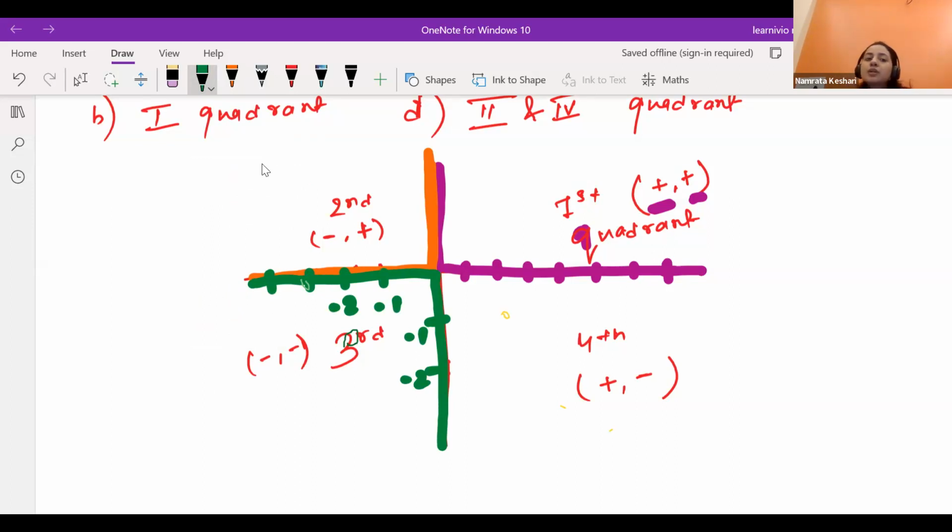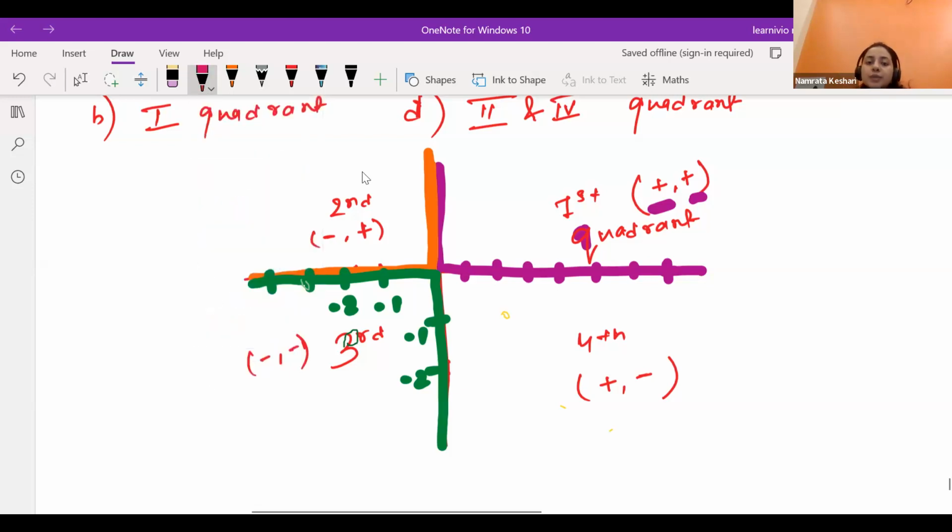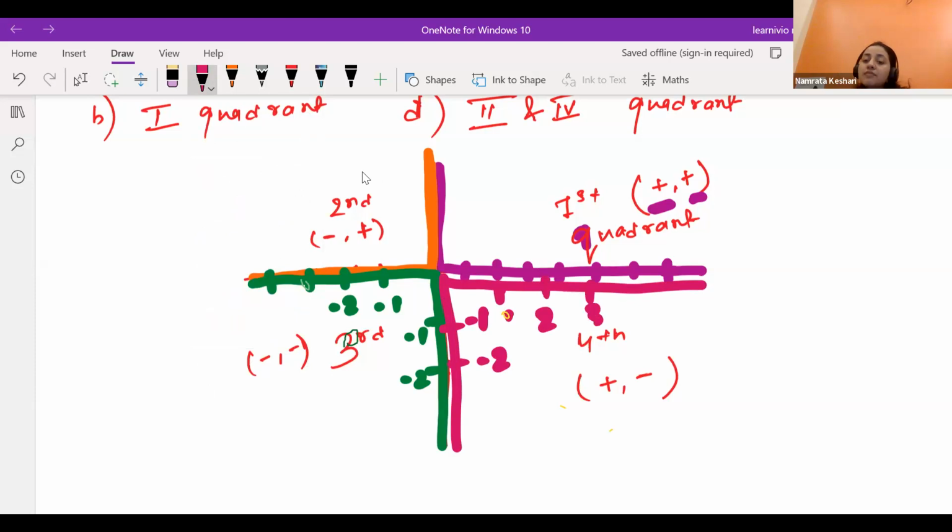And in fourth quadrant, ध्यान से देखो, fourth quadrant is made up of this much part. Here y is negative, -1, -2, and x is positive, 1, 2, 3, 4. That's why we say fourth quadrant का point हमेशा कैसा दिखेगा, x positive होगा और y negative होगा. Are you getting it, Farhan?